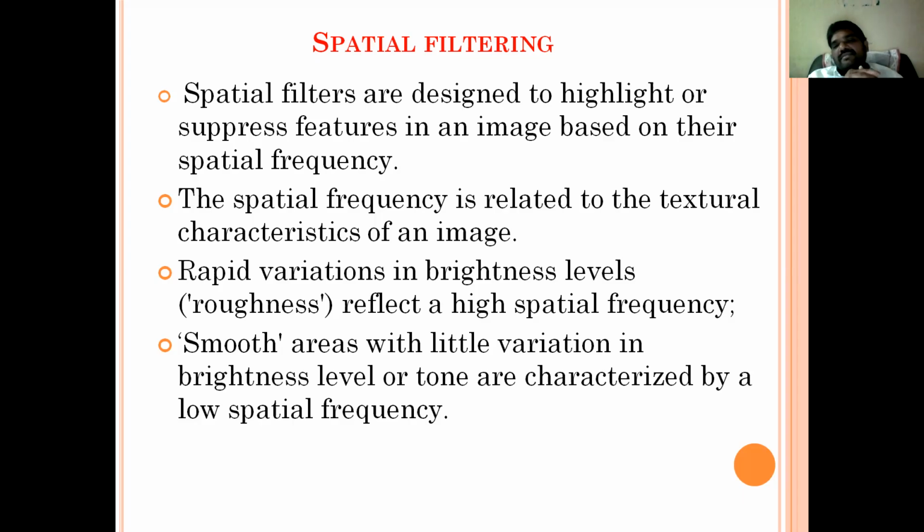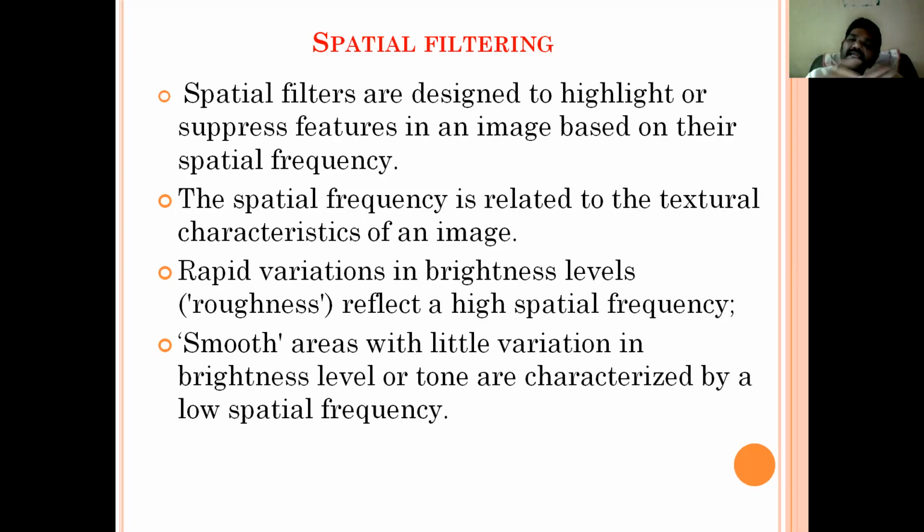Spatial frequency is related to the characteristics of an image. If you remember the elements of visual interpretation, there is an element we discussed, texture. As the plants are very near, the texture is smooth. As the plants are grown up here and there, the texture is rough.